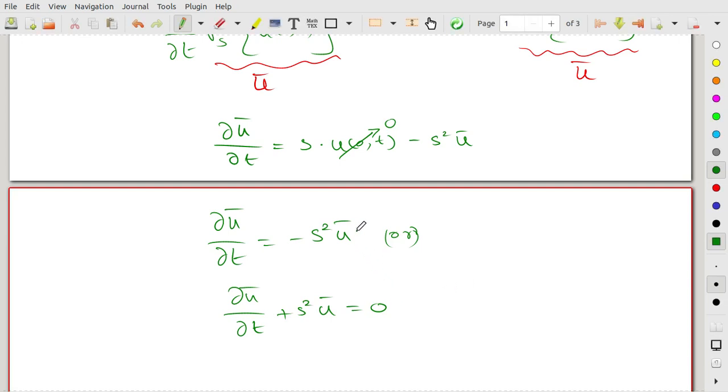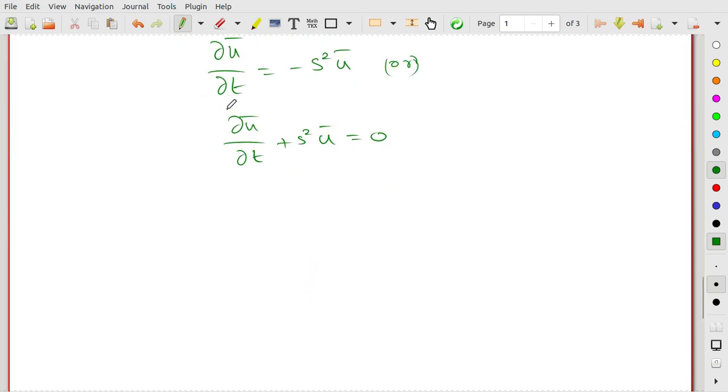So the second order equation becomes a first order equation; it is a linear first order ordinary differential equation.